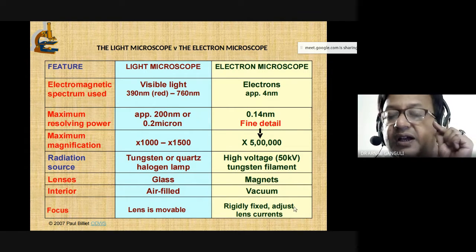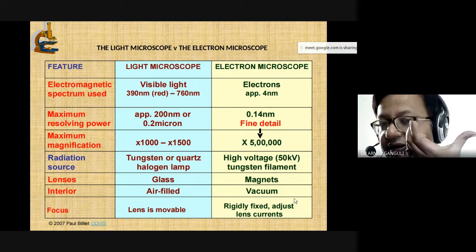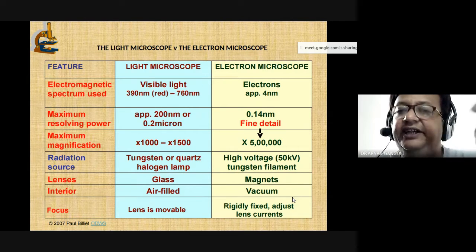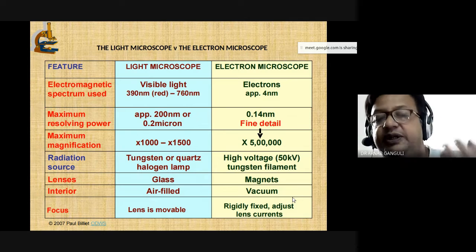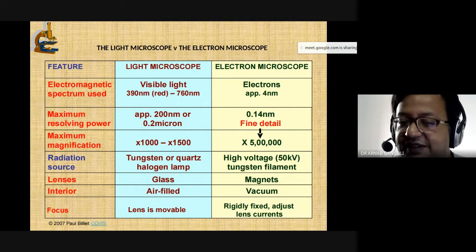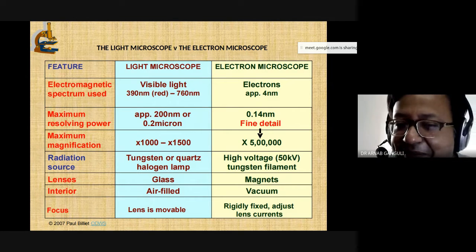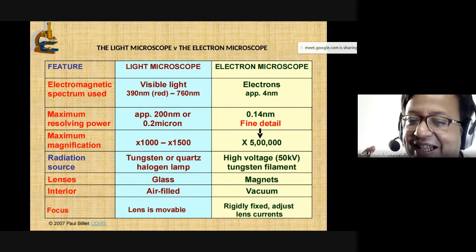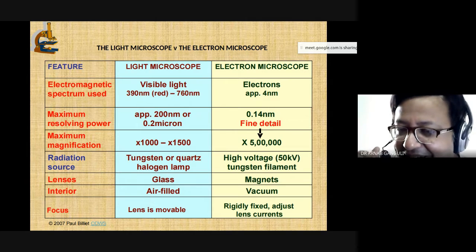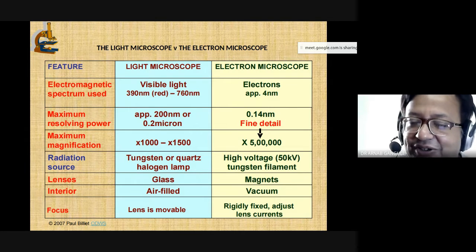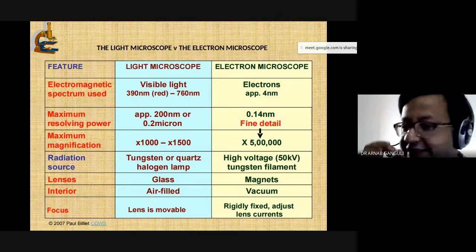What you actually adjust is how much current you pass, that is how much electrons will go. In light microscopy you move the lens and adjust the amount of light, but here lenses are fixed, you adjust the current, more current, more electrons. So you adjust it like this. The effect is the same.